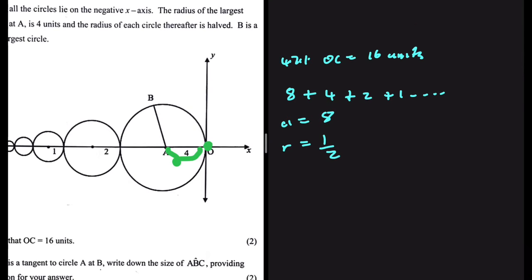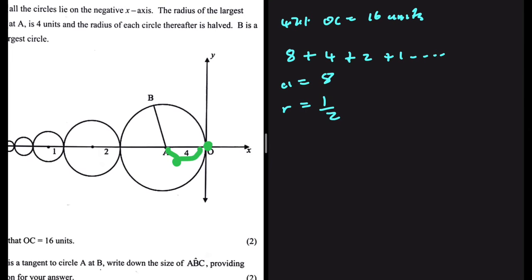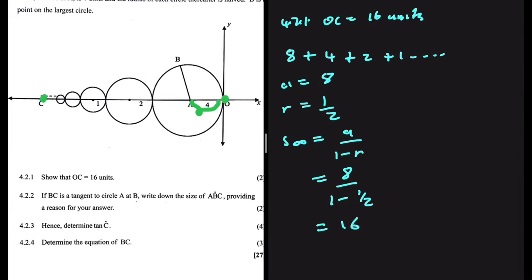So if we have infinite circles between O and C, then we can simply say that the sum to infinity is equal to a divided by 1 minus r. a being the diameter of the first circle, that is 8. And we divide that by 1 minus the ratio. The radii are getting halved, so we have 1 divided by 2. And this is equal to 16. So indeed, the value of OC is 16 units.